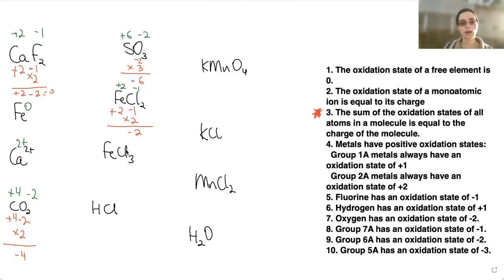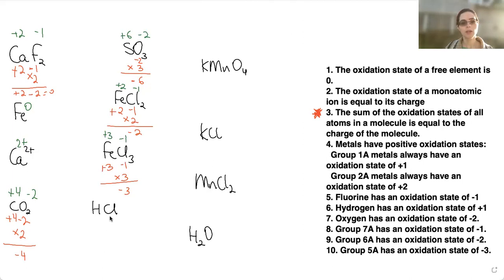So for the list of rules here, just like we did before, the first one that works is rule number 8. So we have -1 here times 3, which is -3. So iron has to be +3. So +3 and -1.